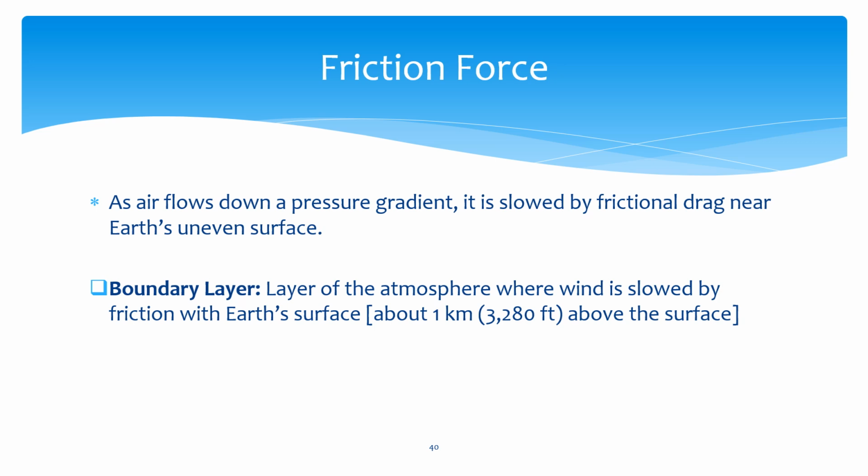Surfaces with less friction are obviously going to have less of an effect. If you are blowing over, I don't know, the middle of Great Salt Lake, there's nothing there. That's why they have car racetracks, the Bonneville Speedway out there, because there's basically no friction, nothing to slow you down.